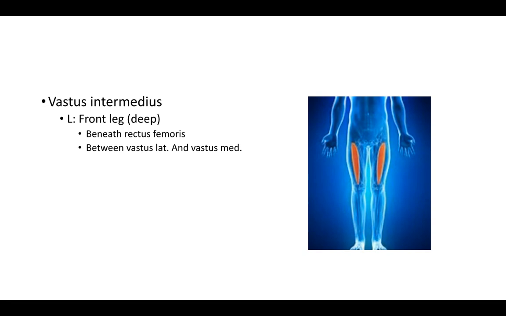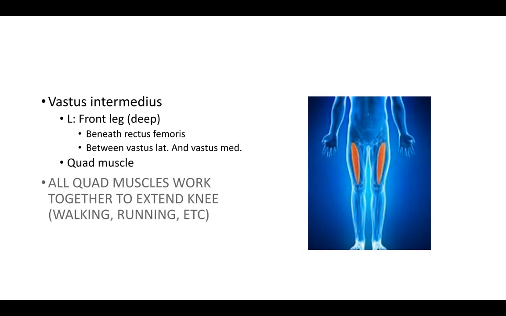So those are your four quad muscles. You have a rectus femoris, and then you have three vastus muscles, two that you can see, one that sits underneath the big rectus muscle. So then collectively, let's talk about what all quad muscles do together. They are going to work to extend your knee, which is critical in pretty much any movement that we're going to do: walking, running, jumping.